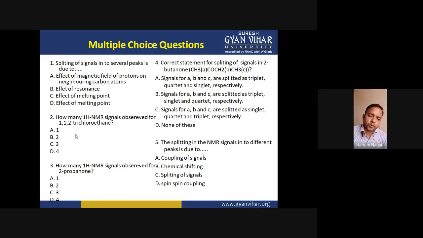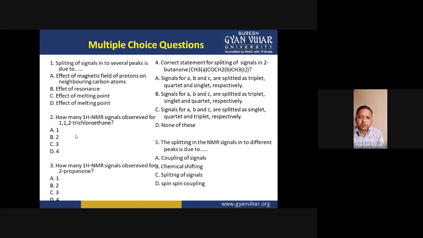So the number of types of protons present in the compound equals the number of proton NMR signals. Since 1,1,2-trichloroethane has two types of protons, the signals appearing are two.